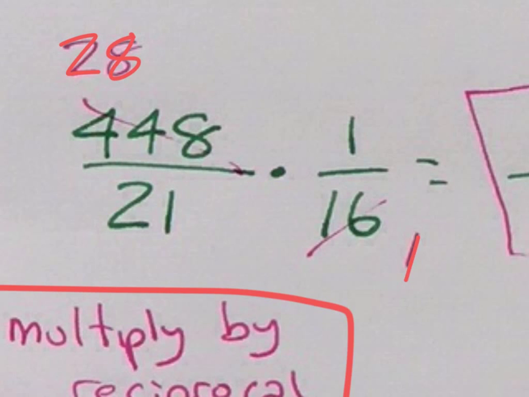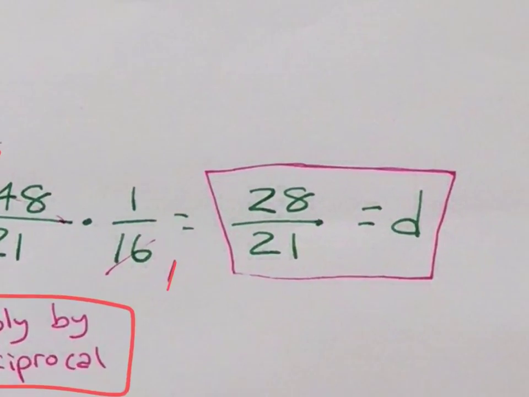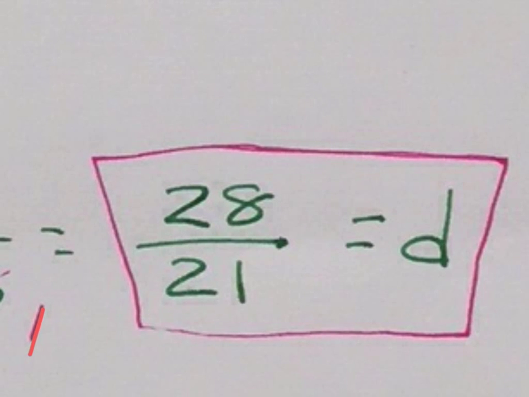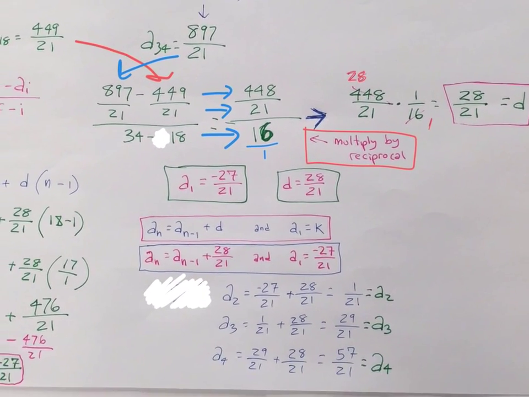When we multiply across, 28 times 1 is just 28, and 21 times 1 is just 21. So this is our new difference. A little bit of work to get here, but it's going to be critical as we continue.